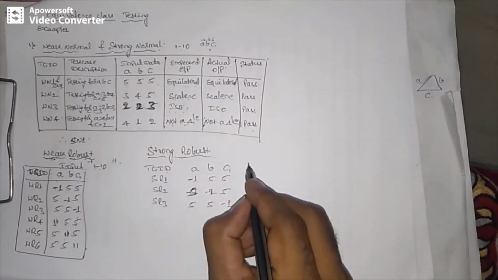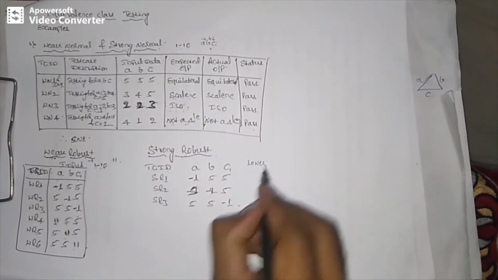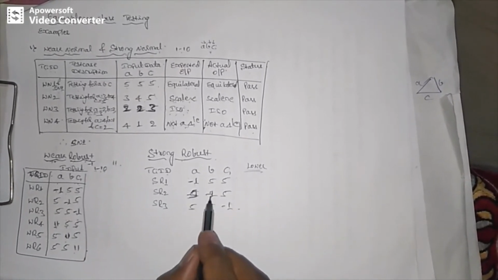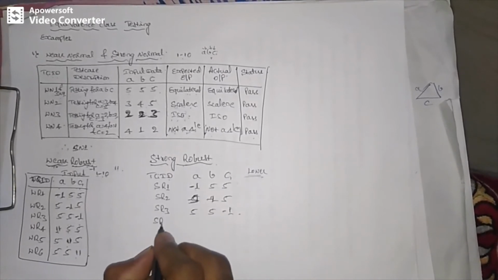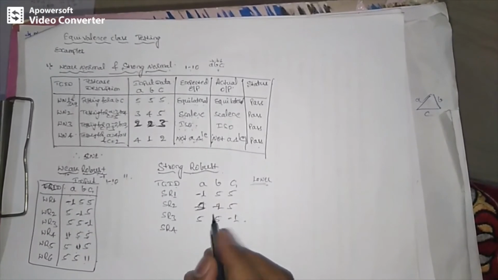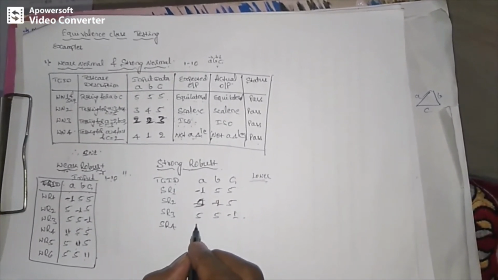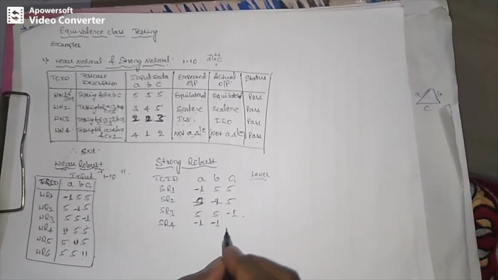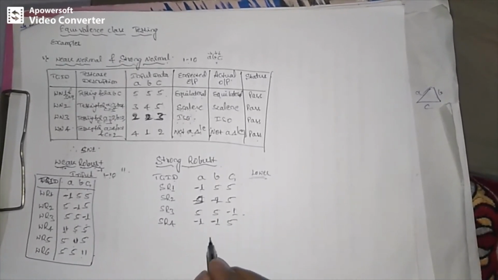Now I am talking about the lower corner of the input domain, means I am writing the test cases for lower corner. -1 -1 -1, the other inputs are nominal inputs. Now SR4 is there. Now I need to think about the multiple fault assumption. Now we will consider two inputs to be invalid and the other input nominal.